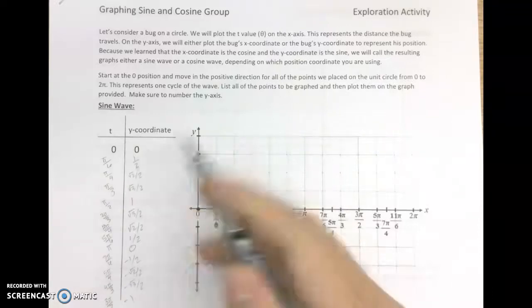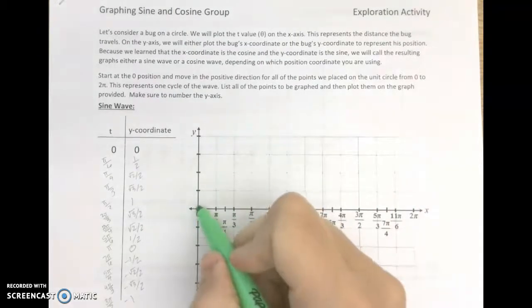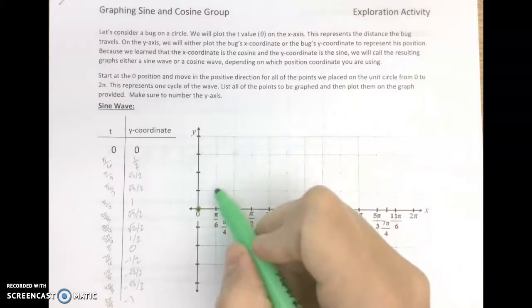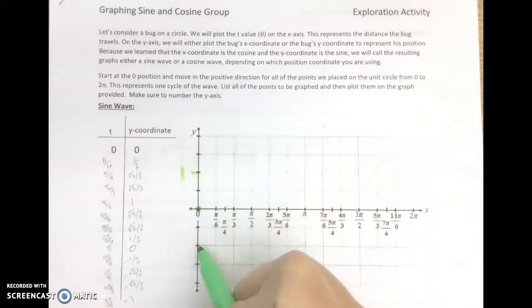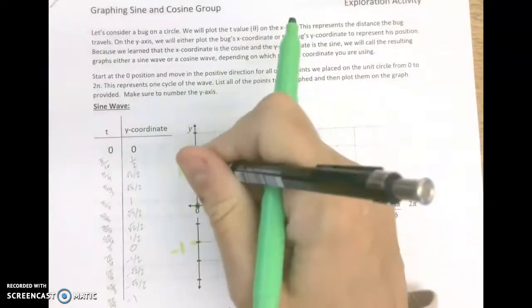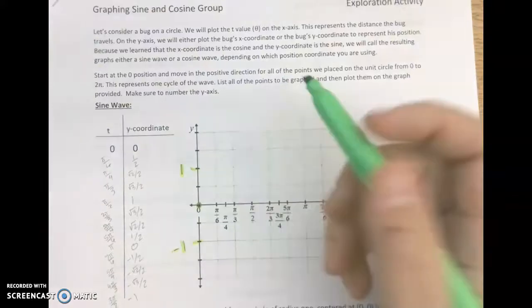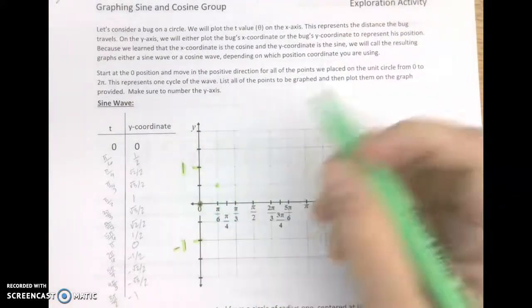So at 0, 0, there is a point. Then at pi over 6, we're at 1/2, so let's call this 1 and this -1. At pi over 6, we're at positive 1/2.